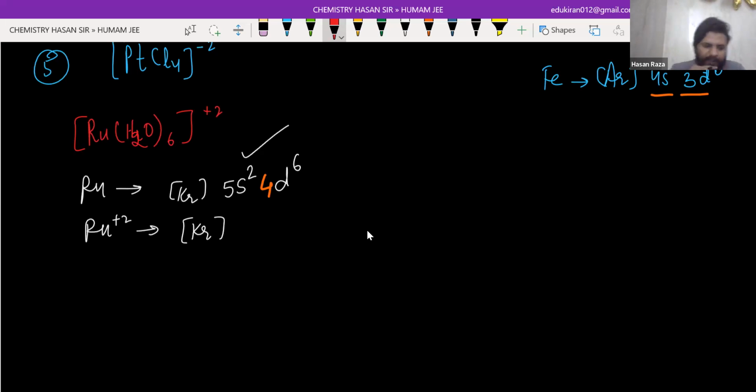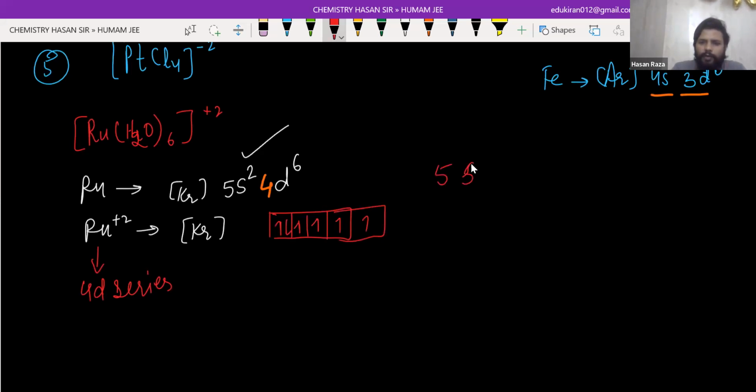Yes. So this is your 4d series, and as I told you, this is your 4d series. Now, if you are going to do the configuration, 1, 2, 3, 4, 5, 6. Now you know that 5s will also be there and 5p will also be there.